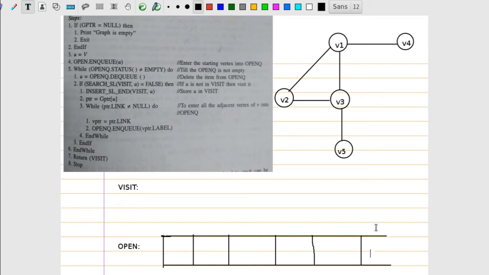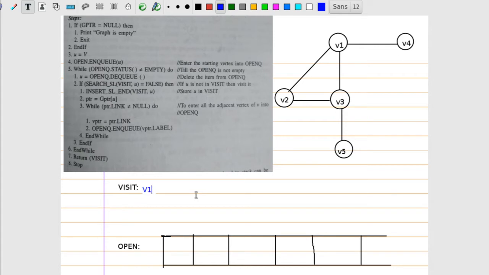V1 is moved to the queue, then we will remove this element and put V1 into the visited list.